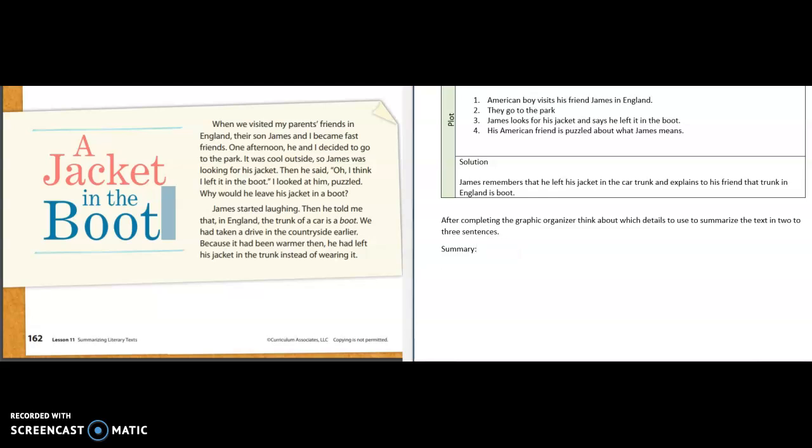Well, I might say something like, an English boy named James is at the park with his friend and realizes he left his jacket in the boot.